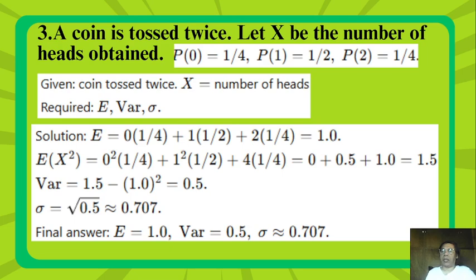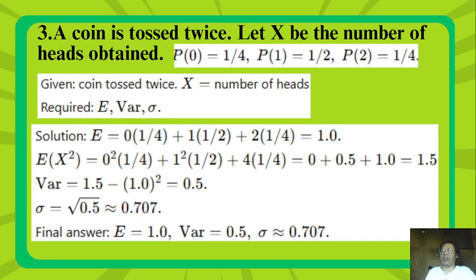So our solution: E is equal to 0 times 1/4 plus 1 times 1/2 plus 2 times 1/4, and it's equal to 1. And then E of x squared is equal to 0 squared times 1/4 plus 1 squared times 1/2 plus 4 times 1/4.